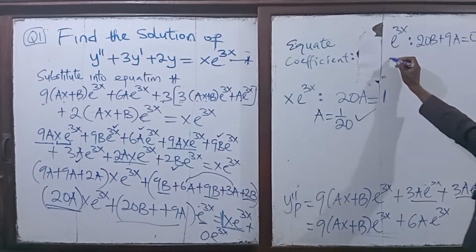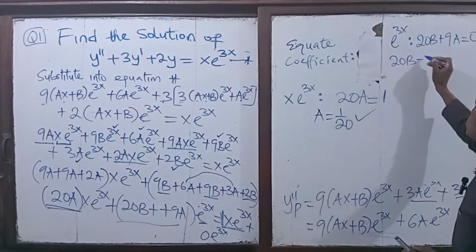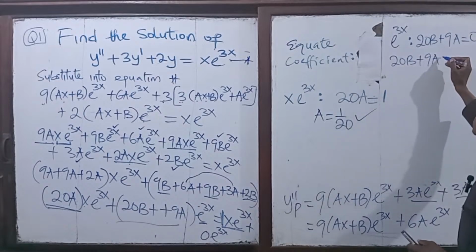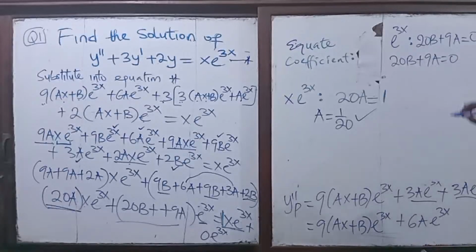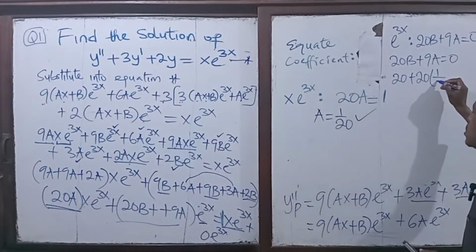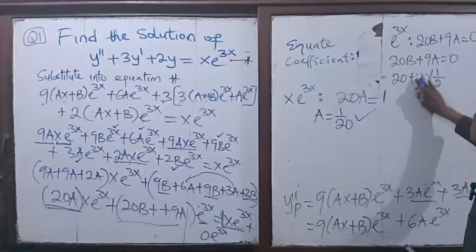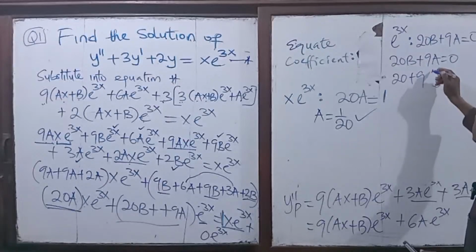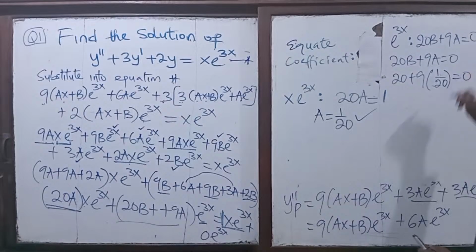So we have 20b plus 9a equal to 0. My a is what? 1 over 20. So 20b plus 9 times 1 over 20 equal to 0. Okay, this 20b.